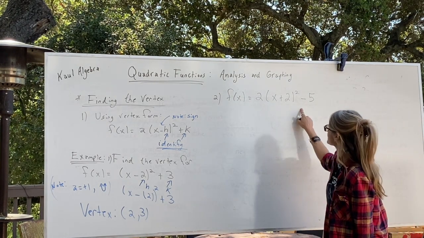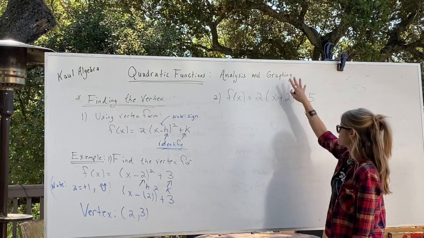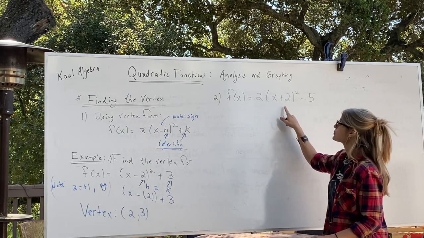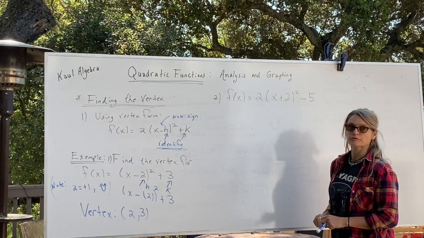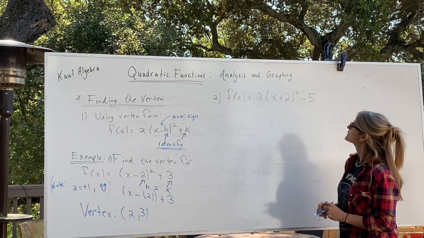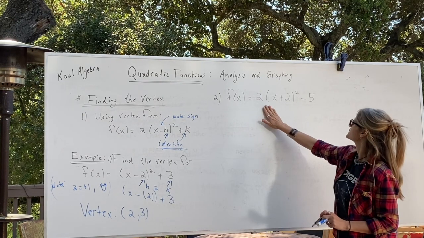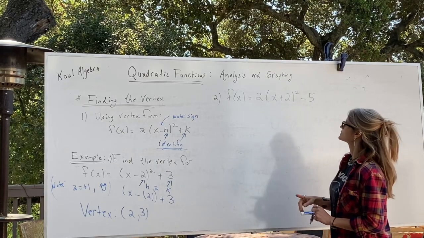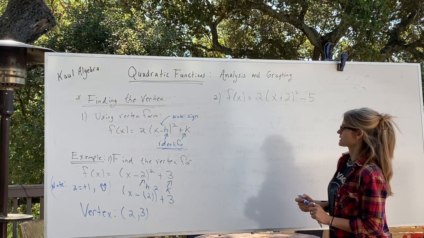If I multiply this all out and simplify, I could put this in standard form. But since again I'm just finding the vertex, I just want to keep it in this vertex form.